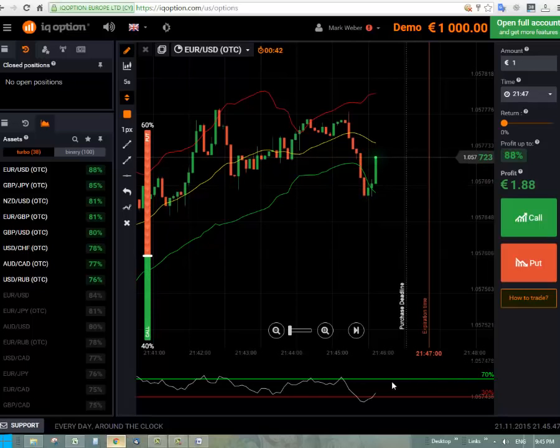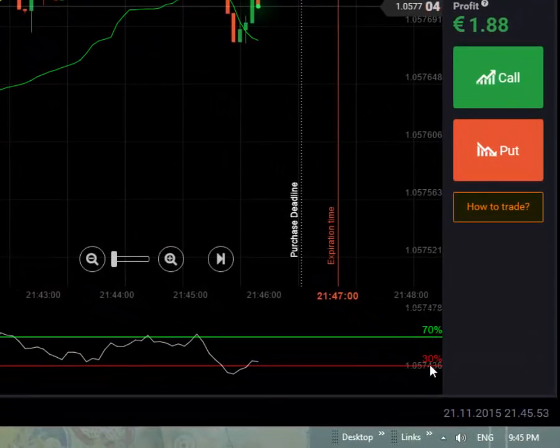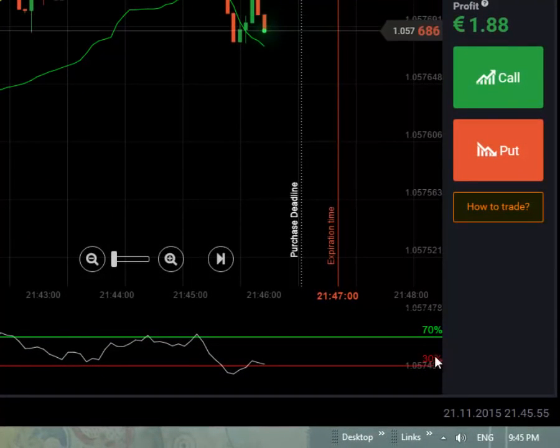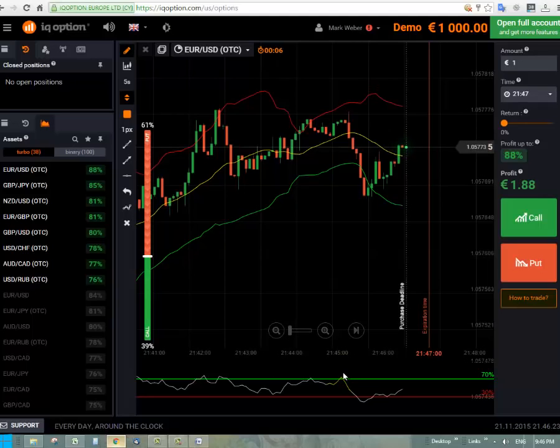So, as you can see, on the RSI there are two lines. The first line is 70% and the bottom line is 30%. When the price of an asset overcomes the green line of 70%, that means that the price of the asset at that moment is overbought.